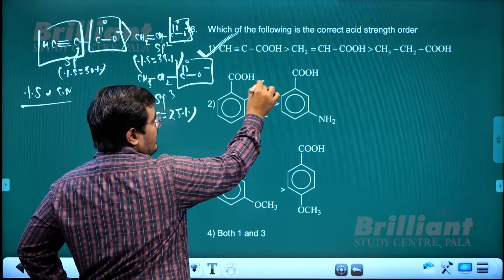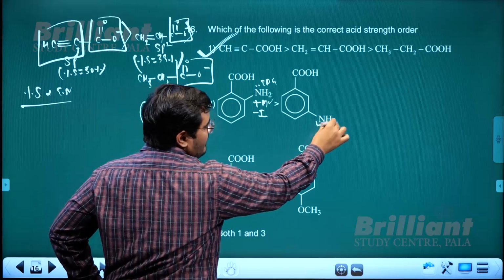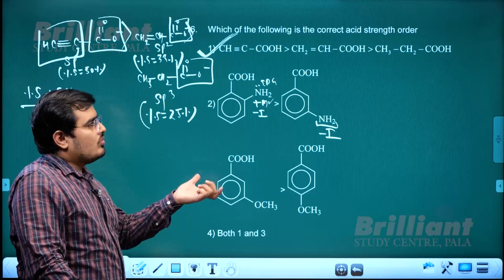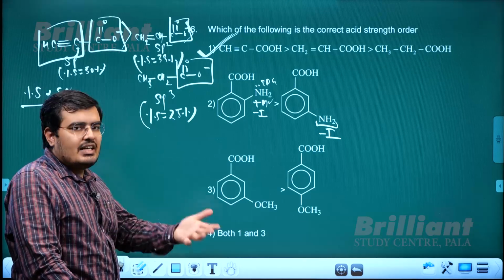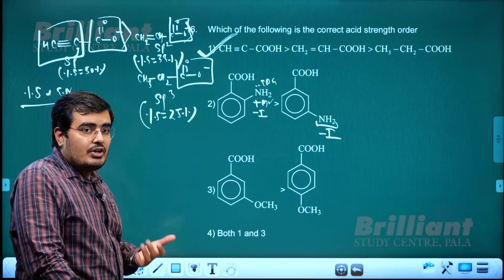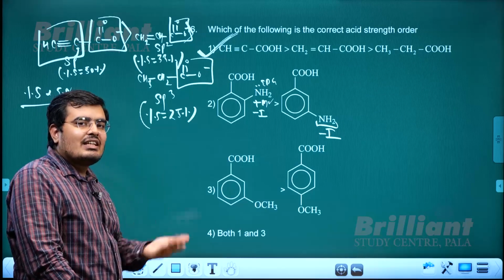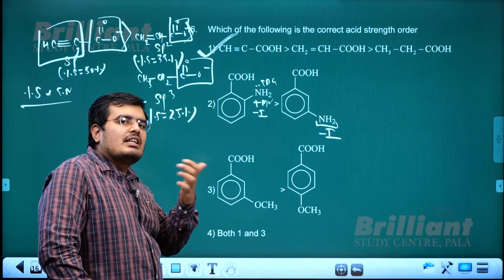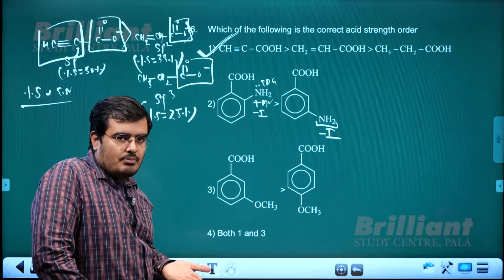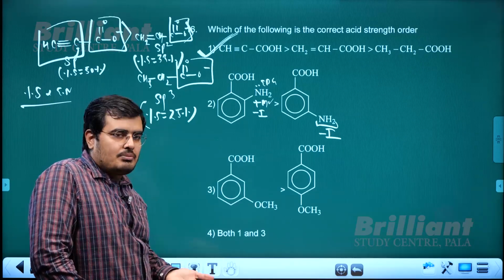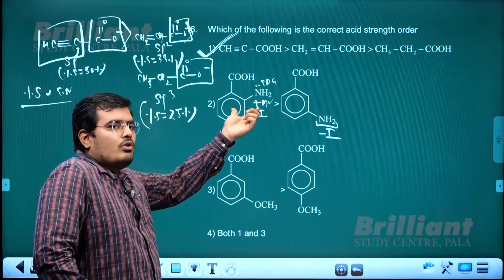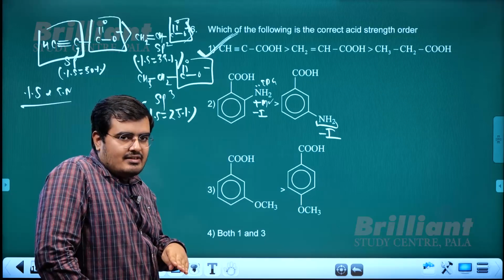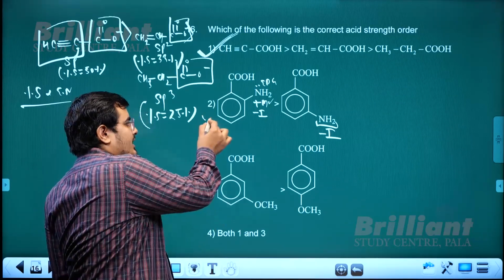So this will be overall an electron donating group, whereas from the meta position it can only apply minus I. As we know, acidity increases with electron withdrawing groups, or acidity decreases if electron donating groups are there. Since here the NH2 group is showing overall electron donating effect, it will increase the negative charge density and will decrease the acidity. Therefore this order is not correct.